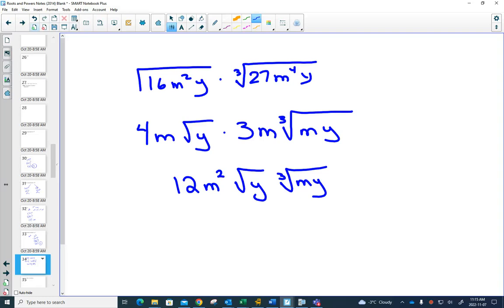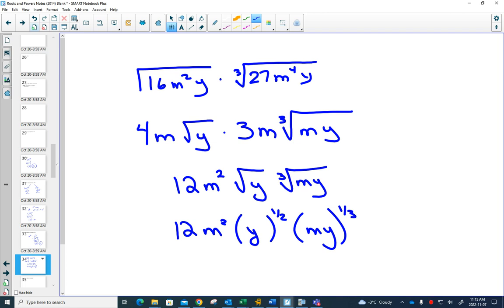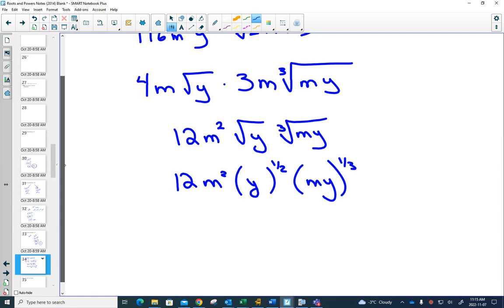So that means we want to change the square root of y as y to the 1/2. Oh no, 1/3. And the m times y to the 1/3. Oh, this gets practice like so many things you have to practice. It practices your simplifying radicals, your fractional exponents, and all your exponent rules.